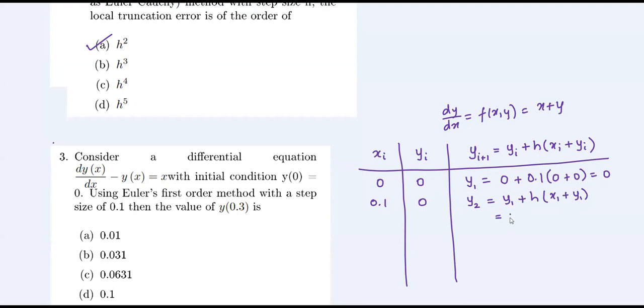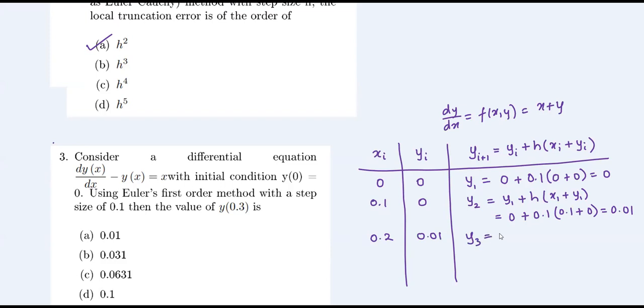Now y1 is 0 plus 0.1, x1 is 0.1 plus 0. So this is 0.01. So x2 is 0.2, y2 is 0.01.